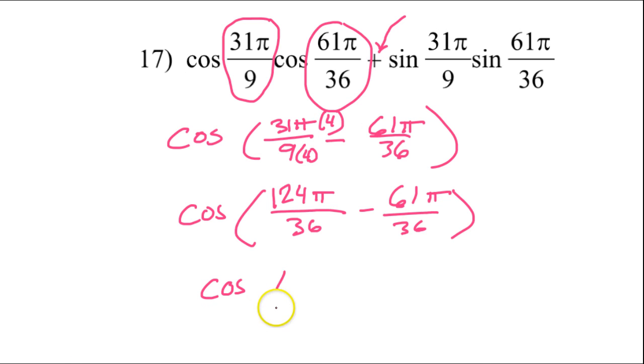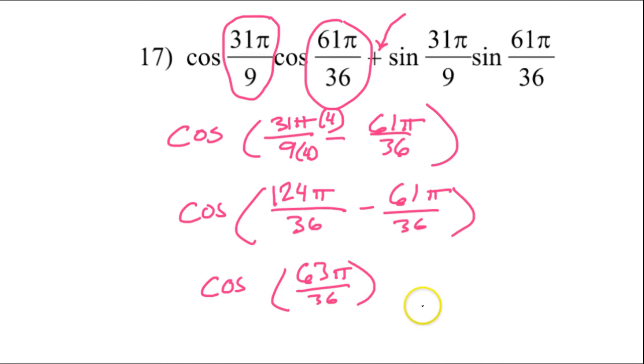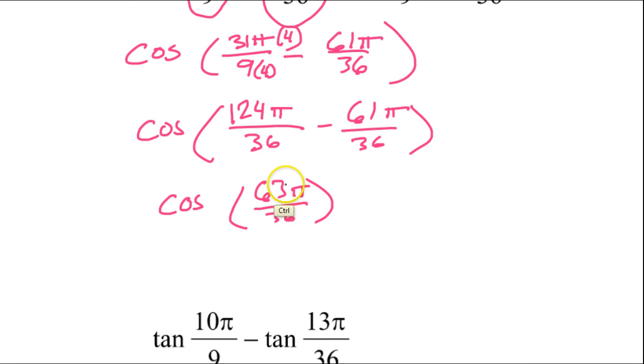So that's going to be cosine of 63 pi over 36. Now this can be reduced. Both of these are divisible by 9. So that's going to give me the cosine of 7 pi over 4.